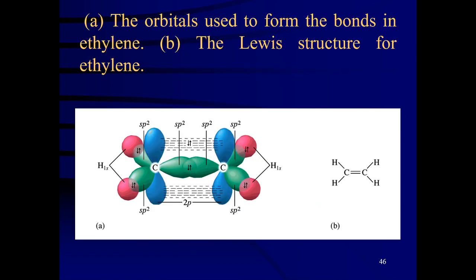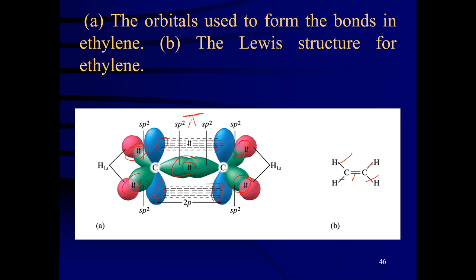This is now what happens in ethylene. In ethylene, you have head to head overlaps, so what you get is that it will form sigma bonds. Then after it interacts like this, it brings the pure p close to one another to give you the pi bond.